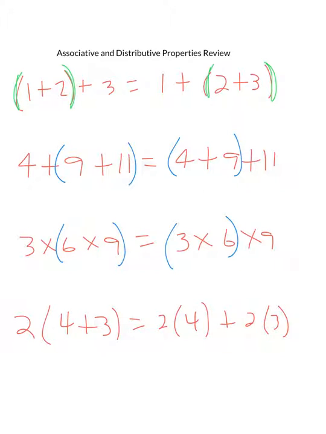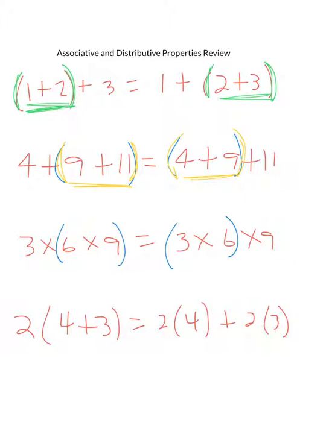So if you look here, you have parentheses around the first two, and now they move and they're around the last two. Second example, we have 4 plus parentheses 9 plus 11, and then it is the same as parentheses 4 plus 9 plus 11. So once again, parentheses were on the last two, now they're on the first two.